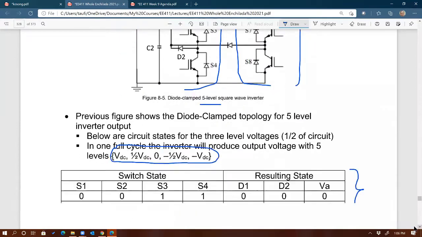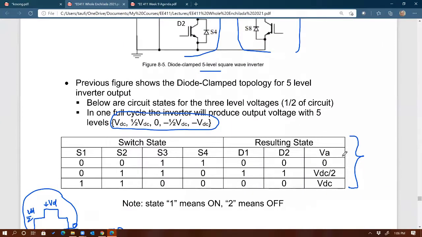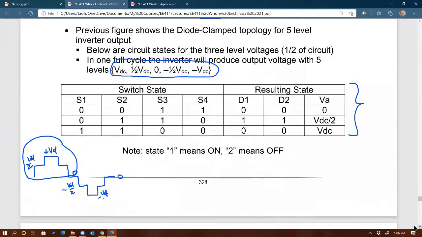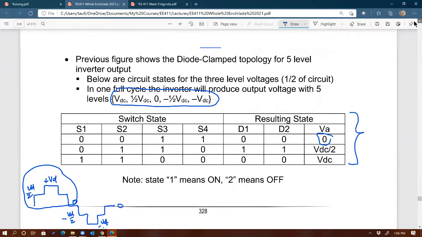So here, this is just showing you the table to produce the positive half cycle from the left side of the circuit. Let's see, how do you create 0 on VA, right here?